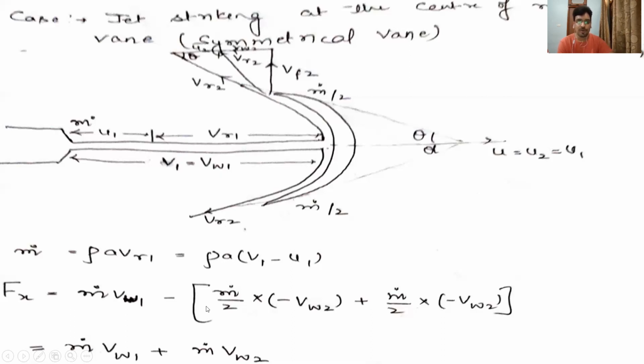So we can write m dot VW1 plus, because this minus multiplied by this minus becomes plus. So Fx can be written as m dot VW1 plus m dot VW2. This is the value of the force which is exerted on this curve vane when the jet is striking at its center.